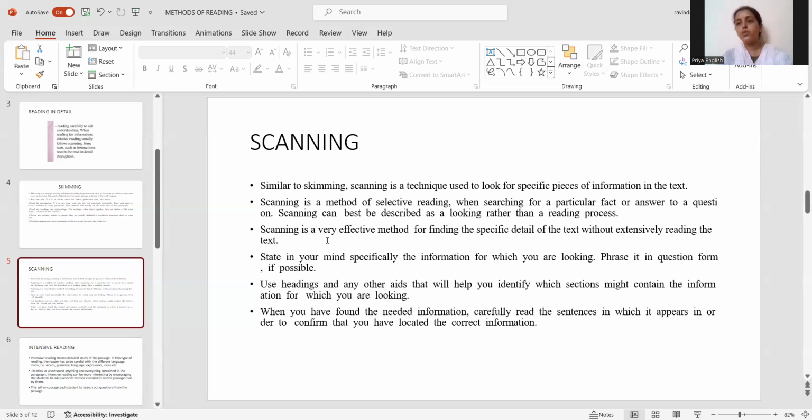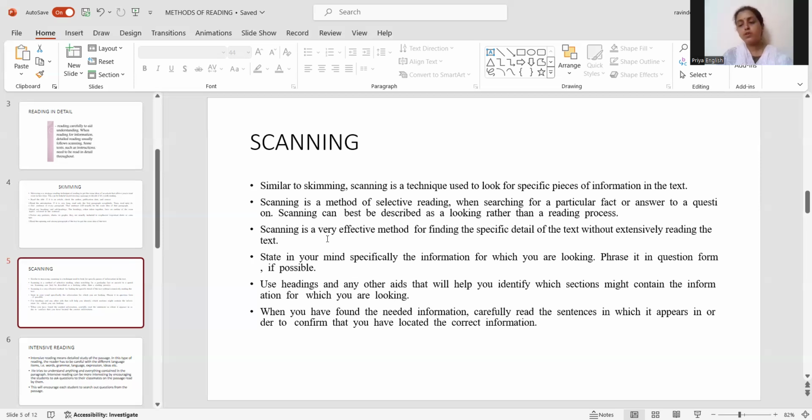Okay, what information do you need from this text? If you frame that question for yourself, it will become easier for you to directly get into the topic and retrieve the information. For that, you can also use the headings and any other aids that will help you identify which sections might contain the information for which you are looking.